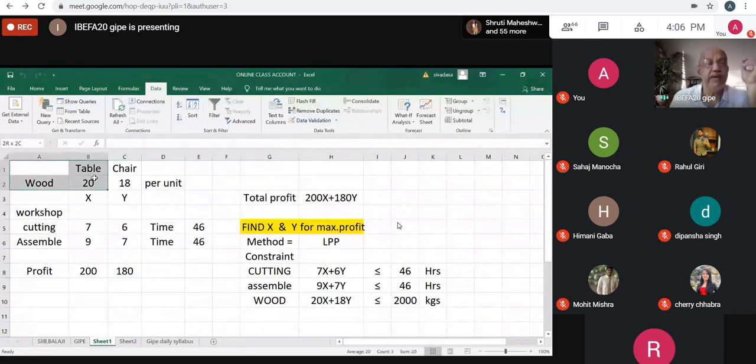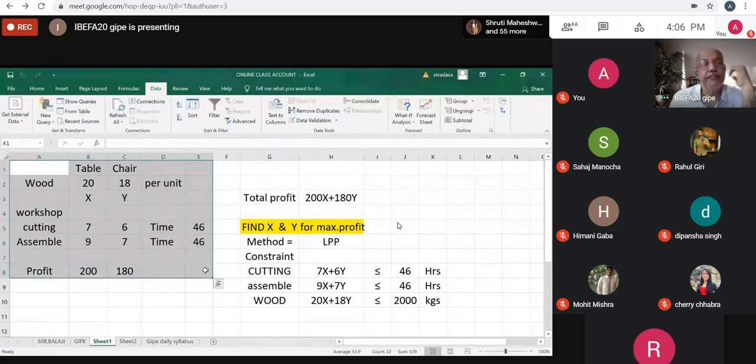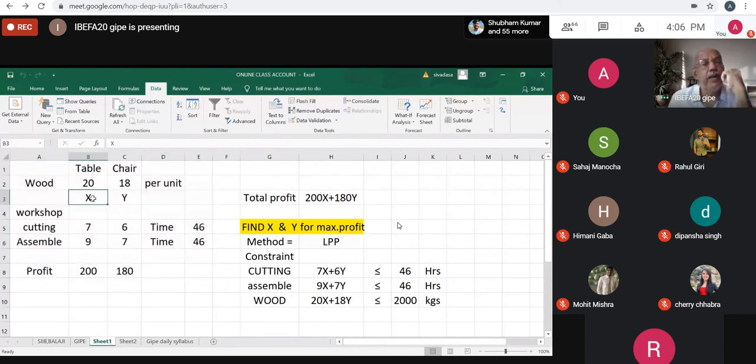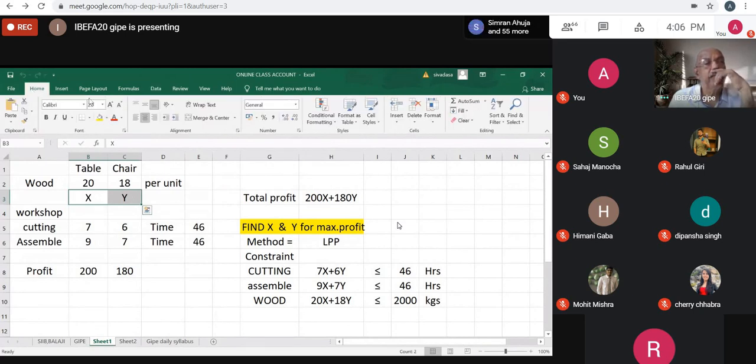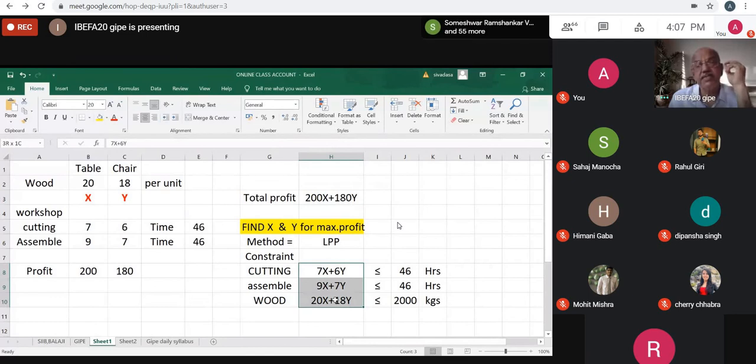So this is given. Your job: find out x and y such that profit is maximum with these conditions.